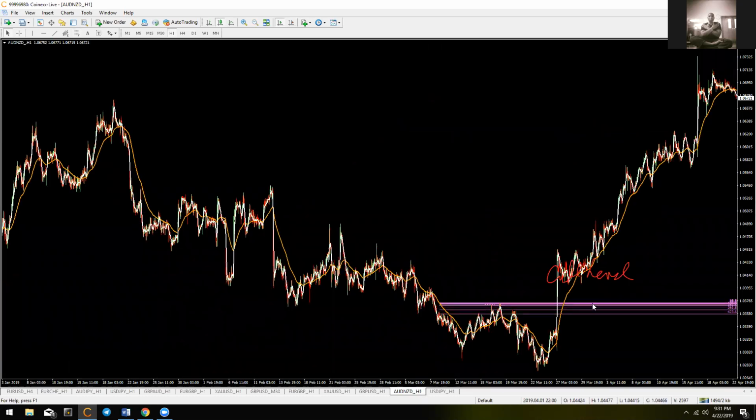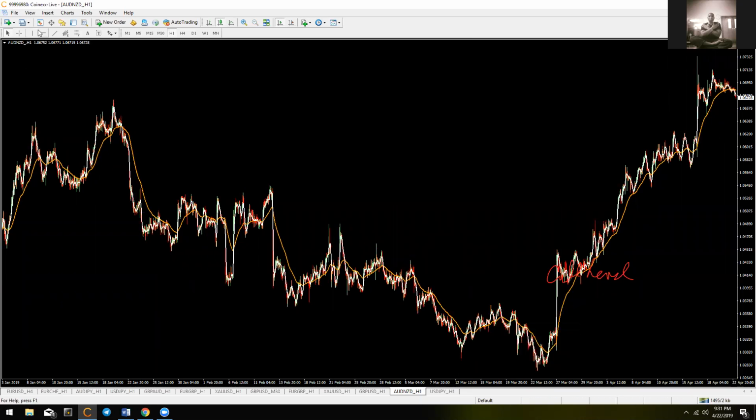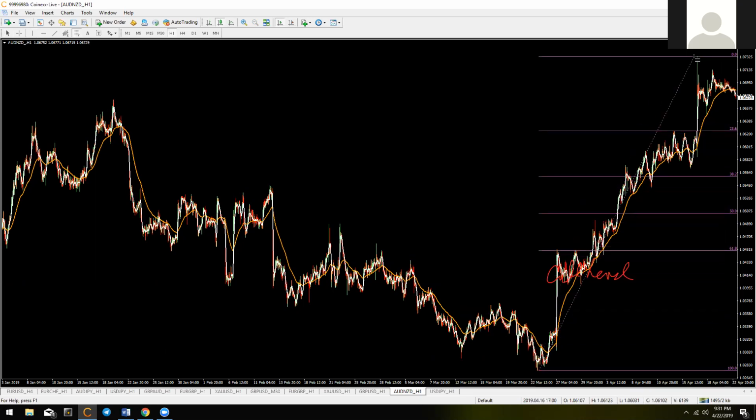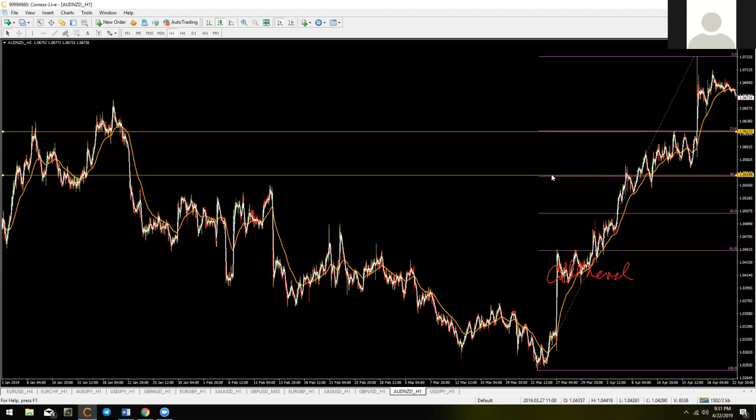It's like this one. Just take it from the low to the high. And right now it's in the middle. So you could put a pending order right here, and you could do your take profit right there.